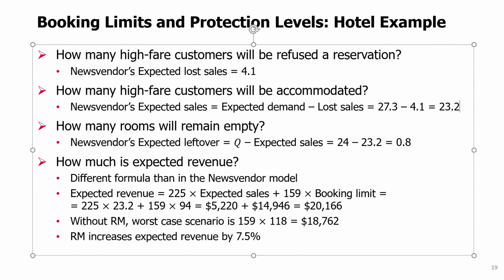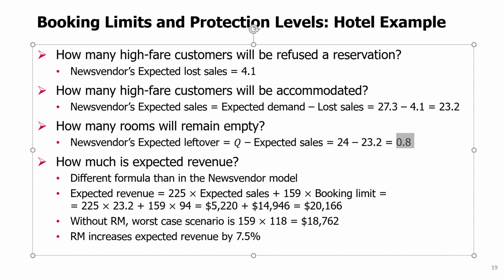How many rooms will remain empty? Remember the booking limit 94, we sell those, but of the protected 24, we expect to sell on average 23.2. So the empty rooms is the newsvendor's expected leftover, 0.8.